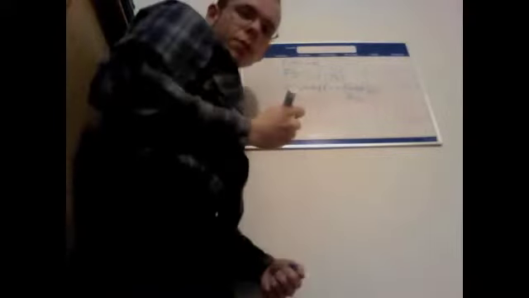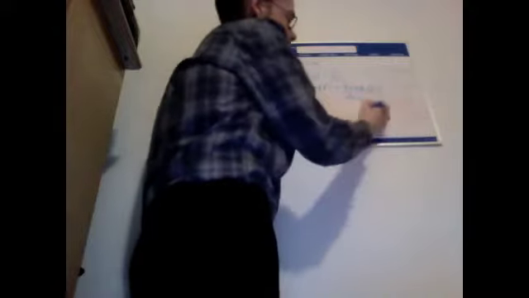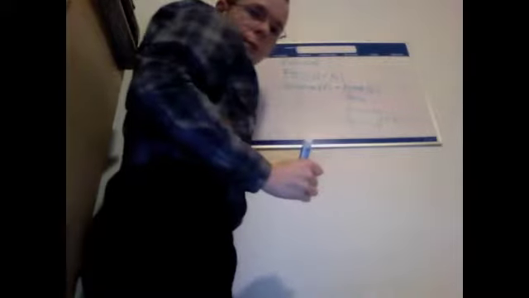Now, for our particular problems, I'm going to be looking specifically at the area of a rectangle. Alright, so the area of a rectangle, then, if you remember back to math class, is length times width.